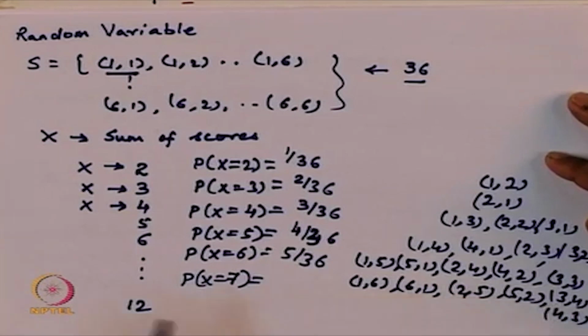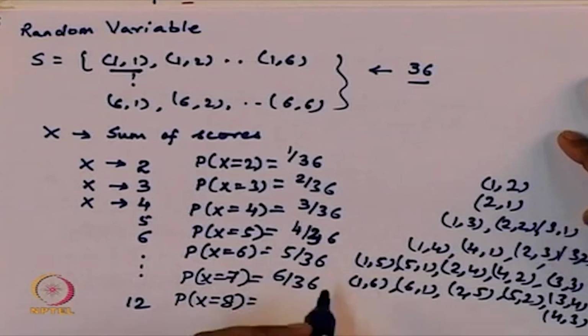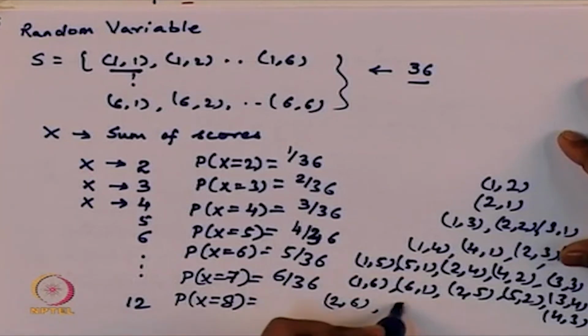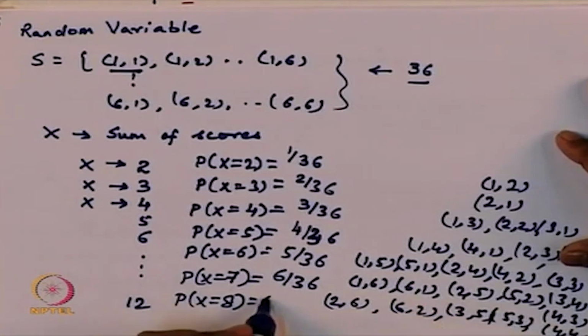Okay. I have 6 by 36. Probability of x equal to 8, I have 2 6, 6 2, 3 5, 5 3, 4 4, equal to 5 by 36.